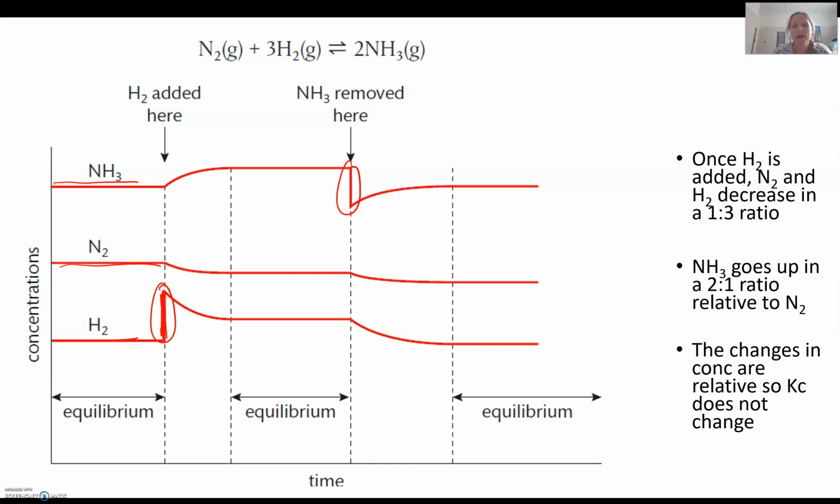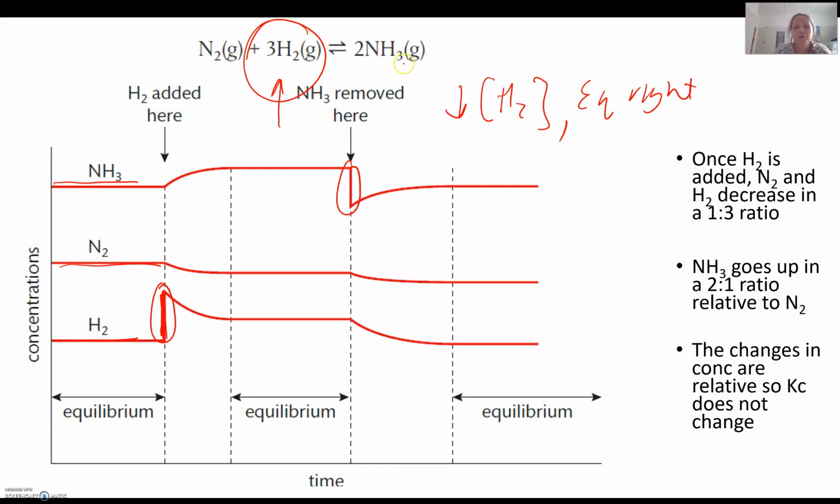And let's talk about what's happening here. So here you've got H2 increasing in concentration. What will the equilibrium do? The equilibrium is going to shift to decrease the concentration of H2. How will it decrease the concentration of H2? It'll do that by shifting the equilibrium to the right to make more products and use up the H2.